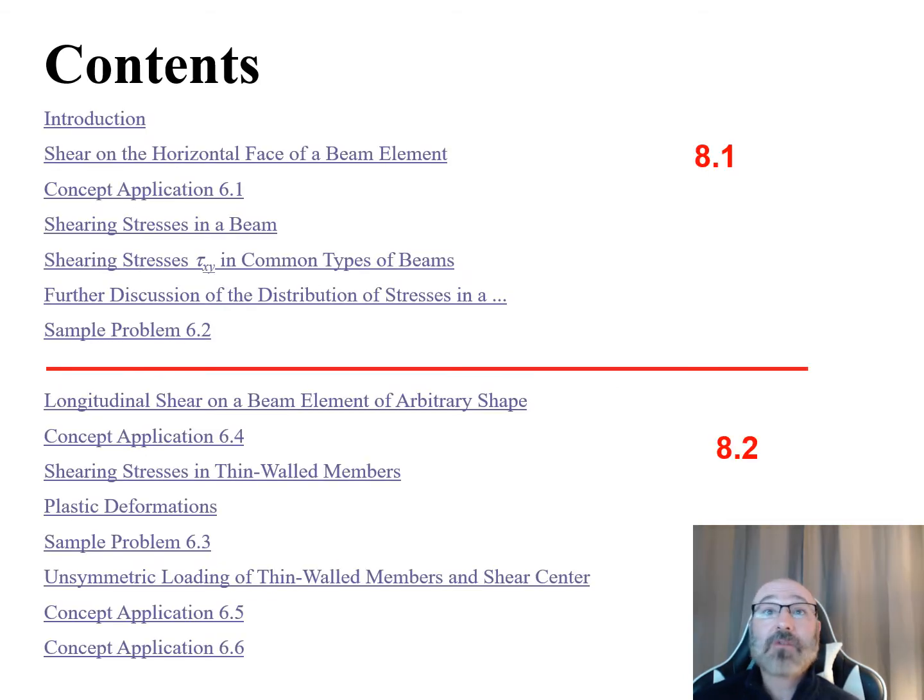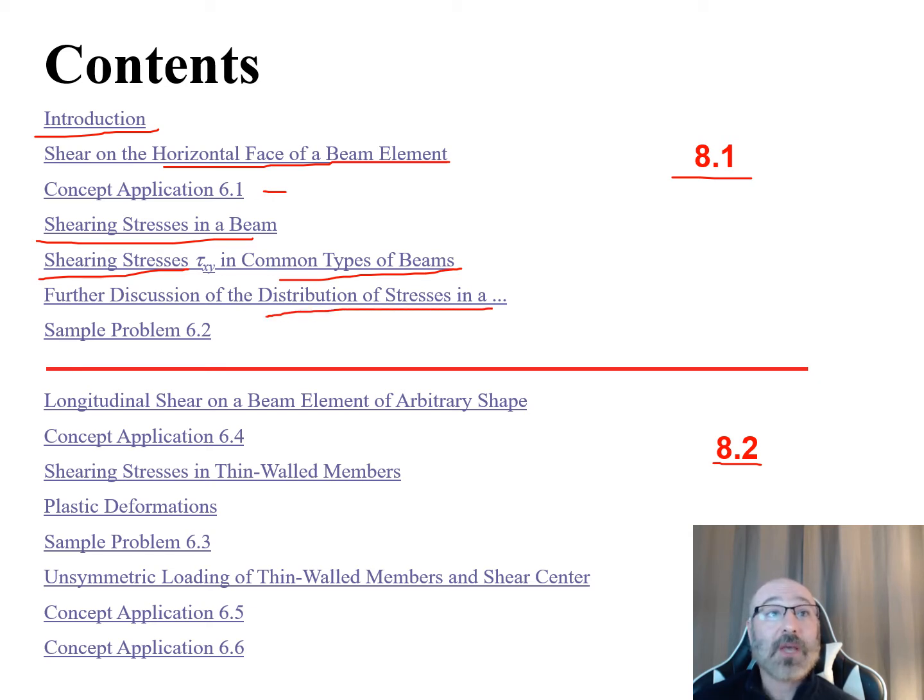As we get into Chapter 6, we're going to break this into two sections, Module 8.1 and Module 8.2. In Module 8.1, we're going to go over the introduction, take a look at the shear on the horizontal face of a beam element, go through a couple concept applications, look at shear stressing in a beam, talk about shear stressing in common beam types, discuss the distributions of stresses, and do another example problem.